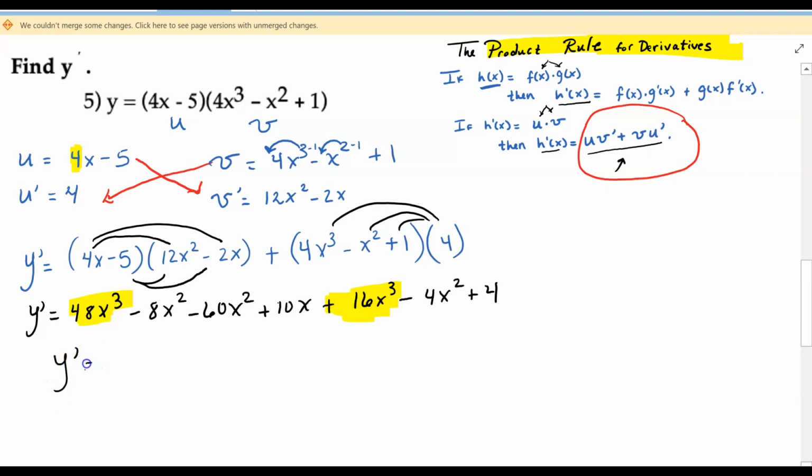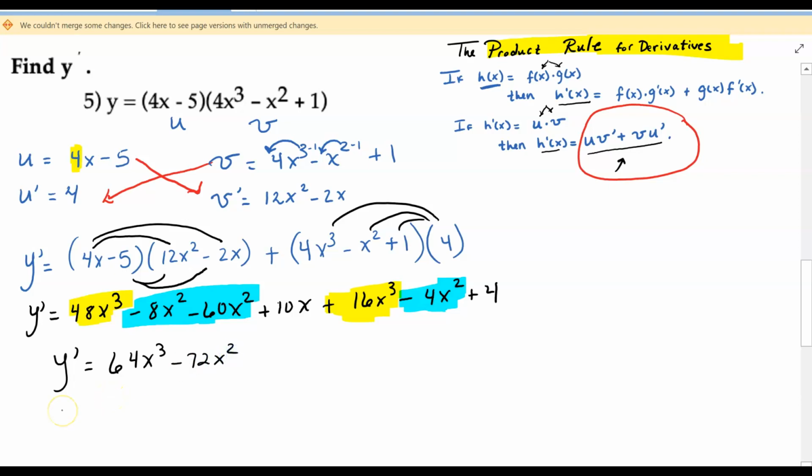So let's come down to the next line. 48 and 16 is 64x cubed. And then it looks like we've got a negative 8x squared and a negative 60x squared and a negative 4x squared, and that's going to be negative 72x squared.